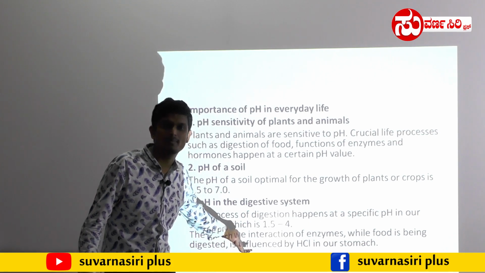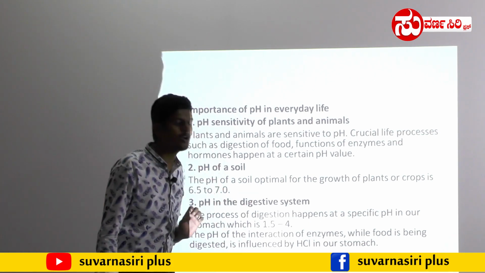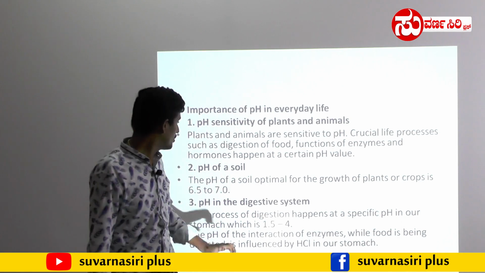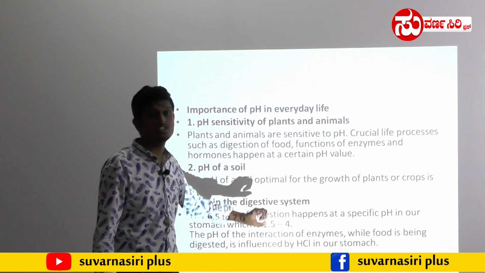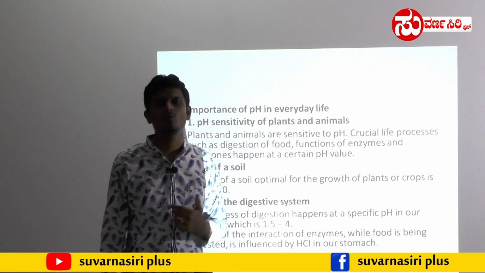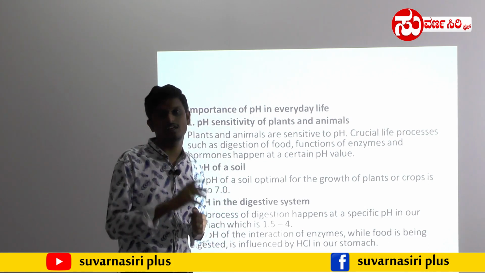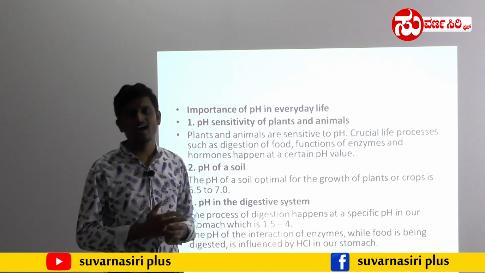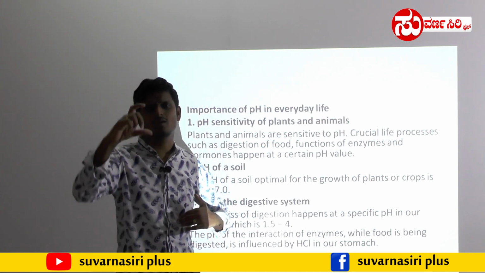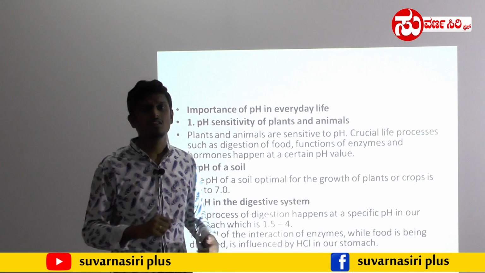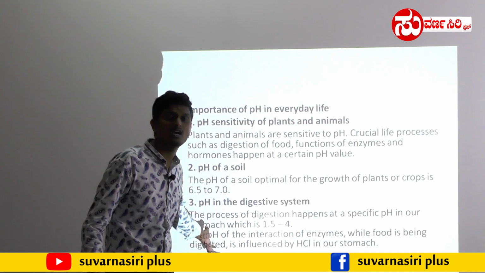For the action of pepsin, the pH should be 1.5 to 4. If too much acidity occurs, to overcome that acidity we will use antacids. Antacid is basic in nature, and it will cure the acidity of the stomach.